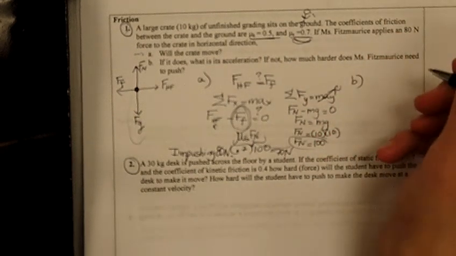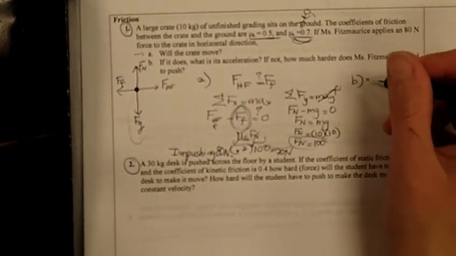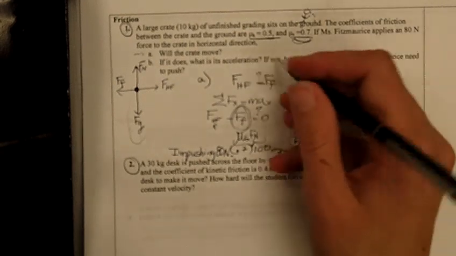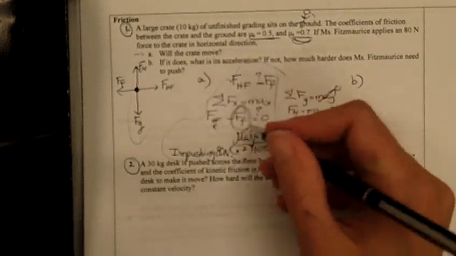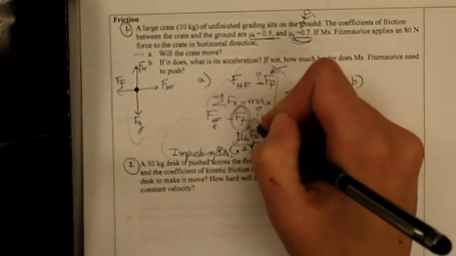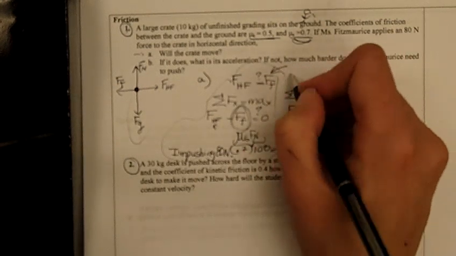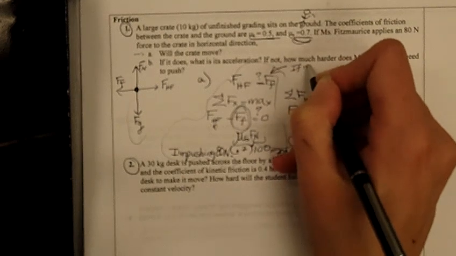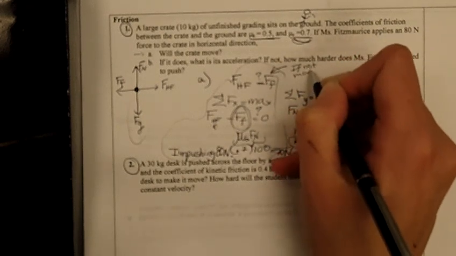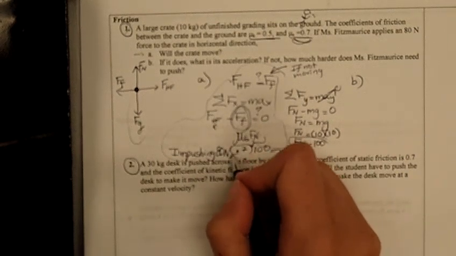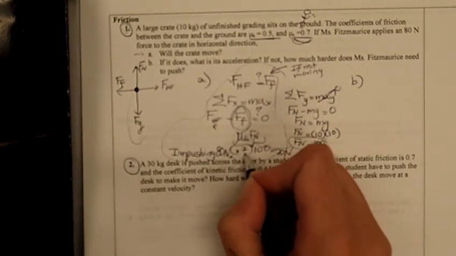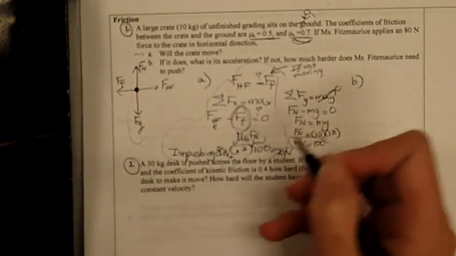In B, it asks what's the acceleration. This whole part is iffy. This was if this thing is not moving, this would be true. But it is moving because I'm pushing with 80, and the most that static friction can give me is 70.